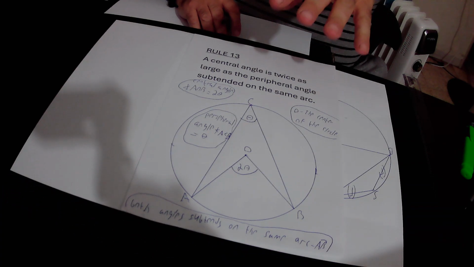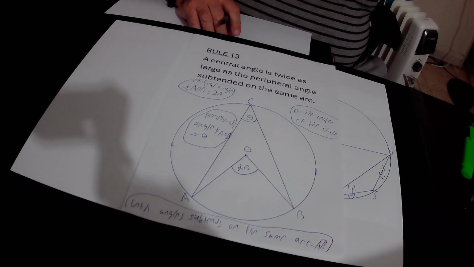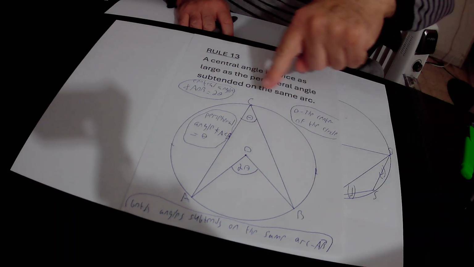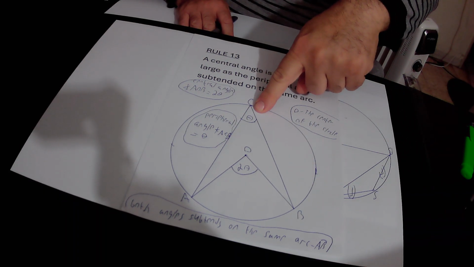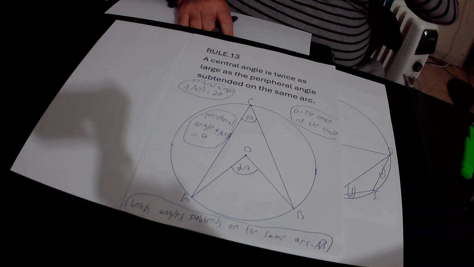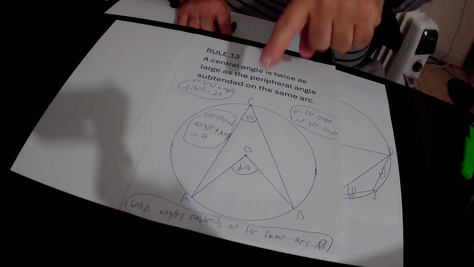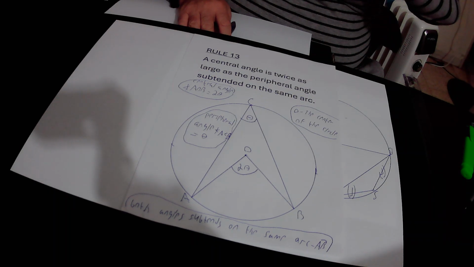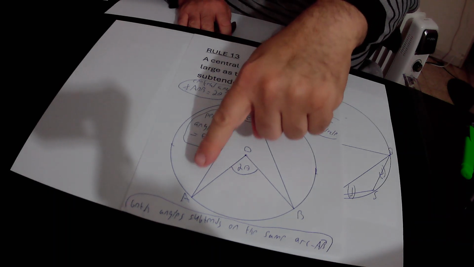So in the drawing we have a circle. Inside this circle we have peripheral angle ACB. This peripheral angle ACB equals theta in its size, and peripheral angle ACB is subtended on arc AB.